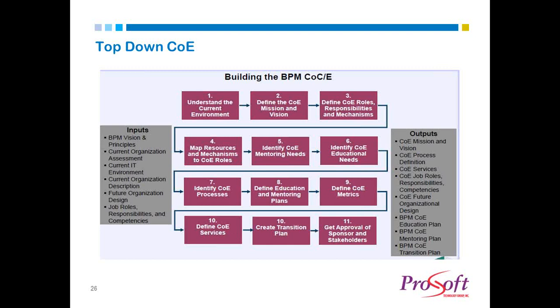So executing a top-down CoE, in fact, leads to early alignment between business and technology around the discipline of process discovery. And you can show value before even a single line of automation code is written.